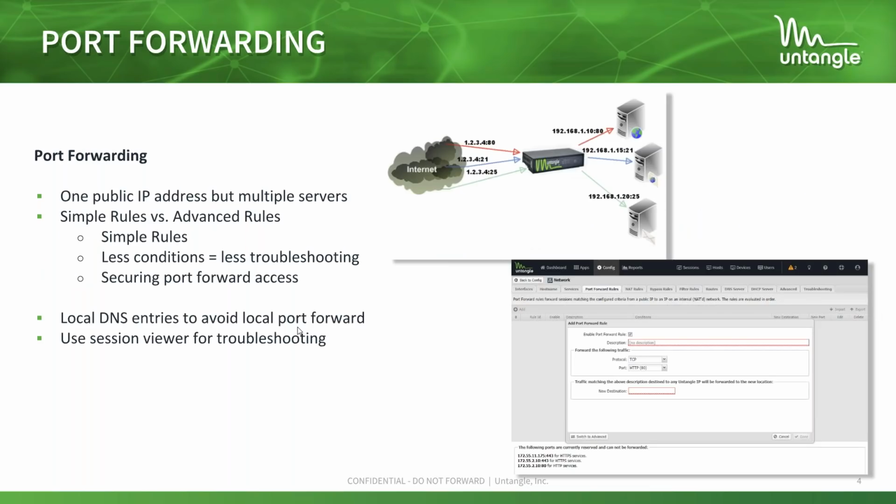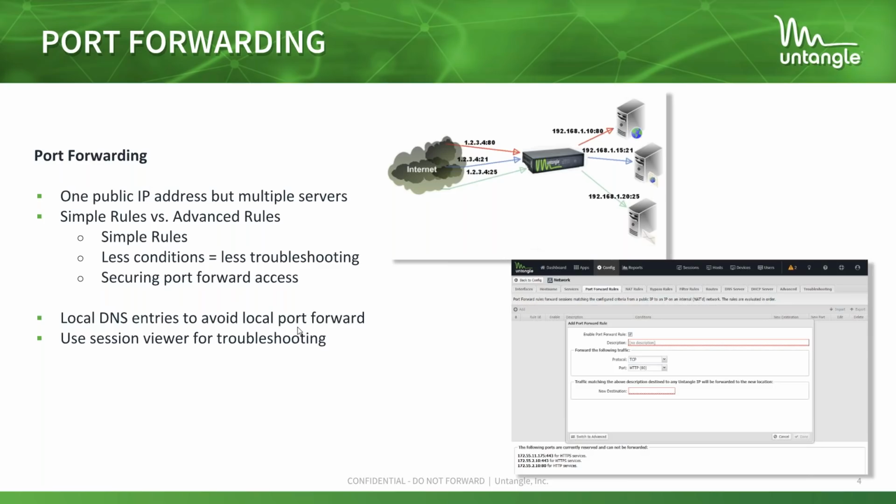Port forwarding. The most common use case for port forwards is when you have a service that's being hosted on your local network that needs to have access from the outside world. Common use cases here are web servers, mail servers, vendors' hosted devices that are on your network that they need to have access to provide the service that they do.